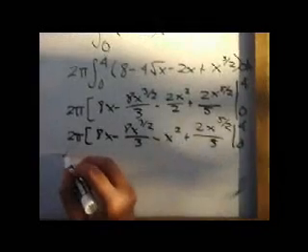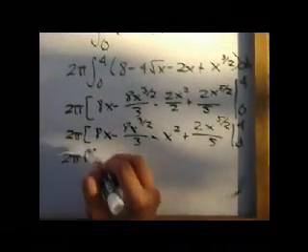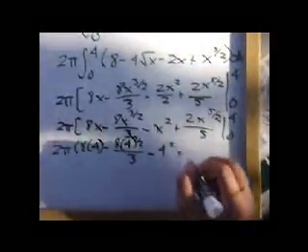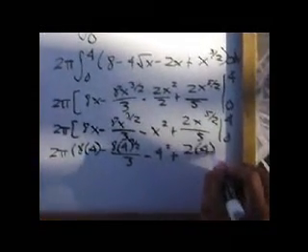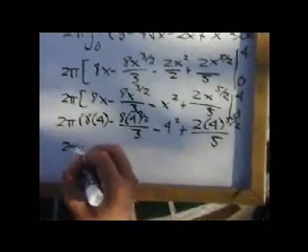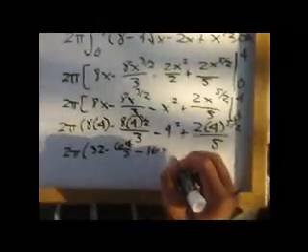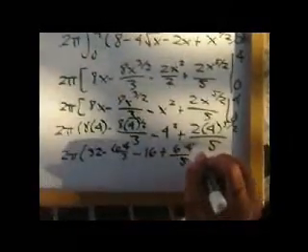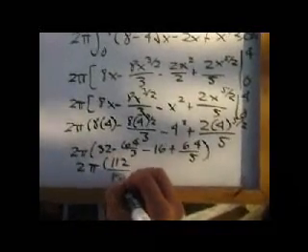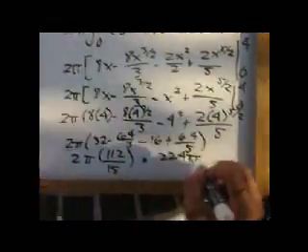So now we plug them in, it'll be 2 pi 8 times 4 minus 8 times 4 to the 3 over 2 over 3 minus 4 squared over 2 plus 4 to the 5 over 2 over 5. So you simplify this, it'd be 32 minus 64 over 3 minus 16 plus 64 over 5. All this would give you 2 pi times 112 over 15. This would give you 224 pi over 15, and that's your final answer.